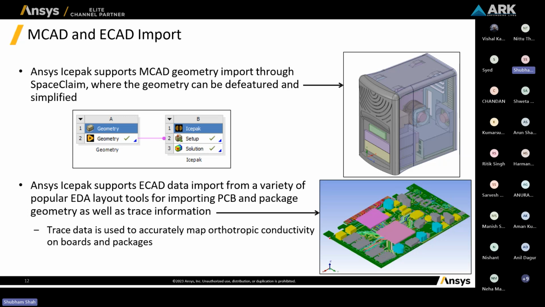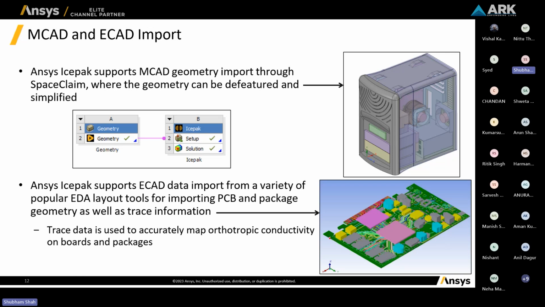Whether it is any of the electronic components, you can get that data and transfer it to Icepack. And for MCAD and ECAD, you will see here in Workbench, you have one option, geometry. This is the SpaceClaim geometry. When you convert the MCAD data to your Icepack compatible data, you can directly link this to the Icepack setup, set up your data and inputs, and then go with the solution.